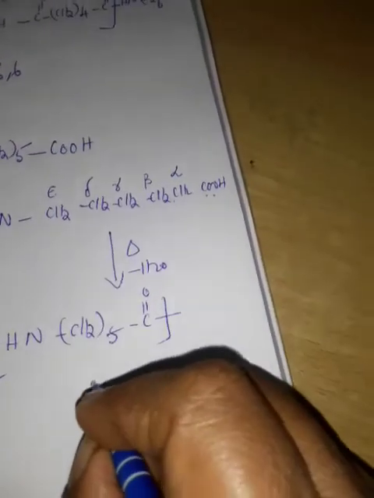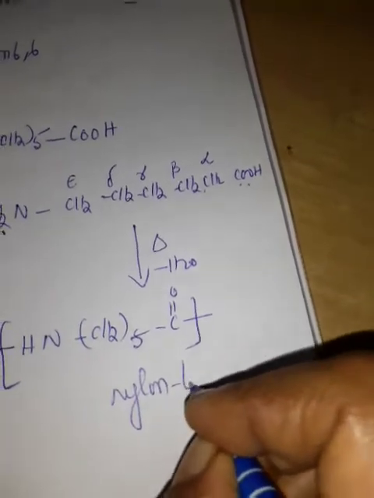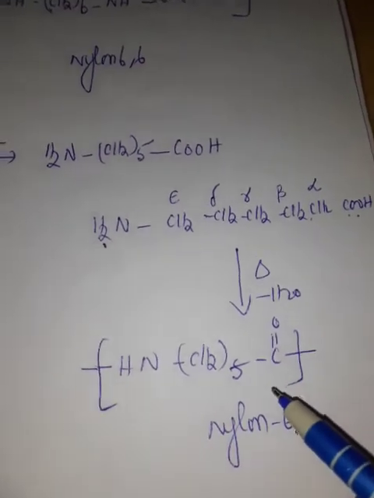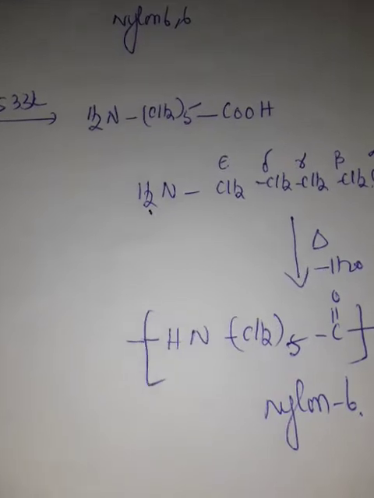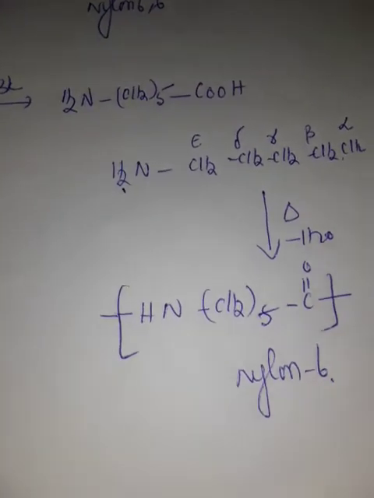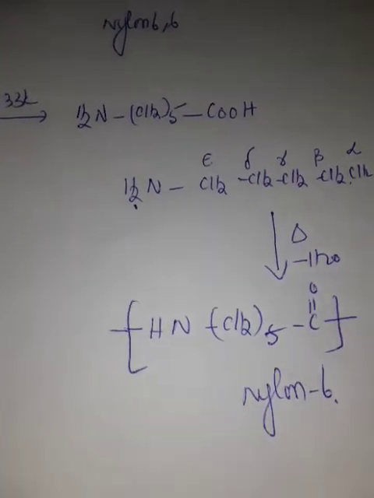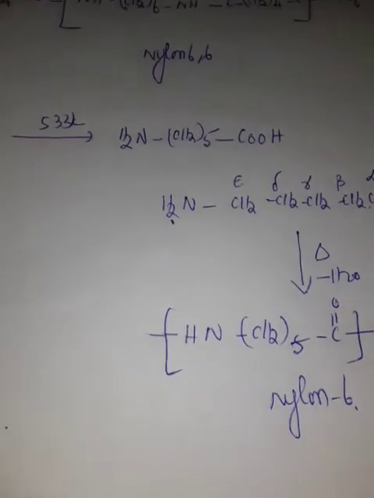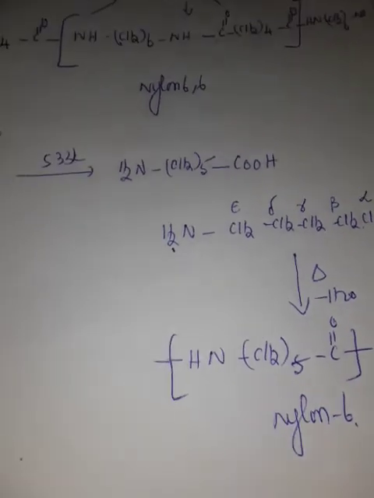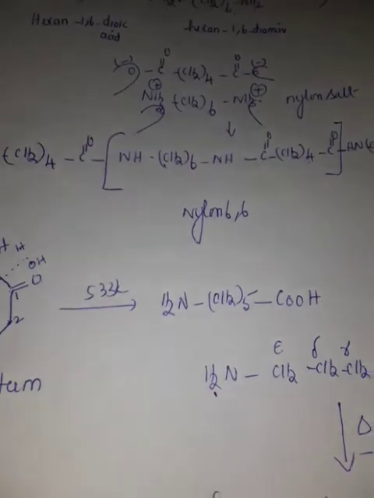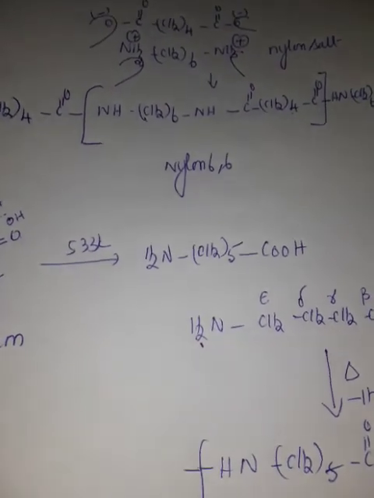This is nylon 6. It is also used for plastic, tires, fabrics, etc. Children, this is given in the book, page number 289. Both are very important, nylon 6,6 and nylon 6. Go through it and mark it in your book.